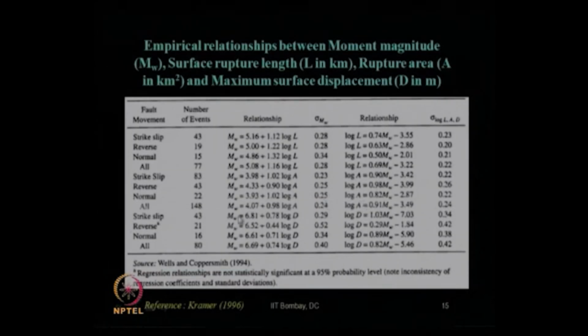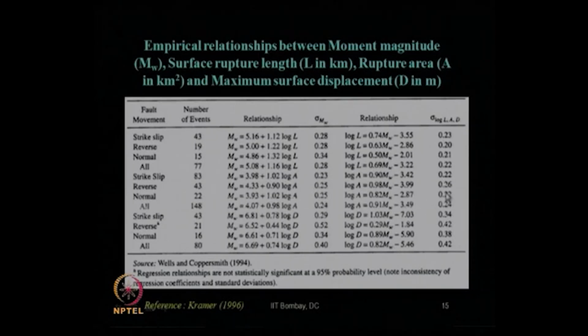That is why if you look here, the first four equations, strike slip fault, reverse fault, normal fault and all fault, are for length based, surface rupture length. Then the next four are for rupture area based, and the last four are for surface displacement based, and among them you will get the least value of standard deviation for the rupture area, because the scatter is less. Can you notice here?